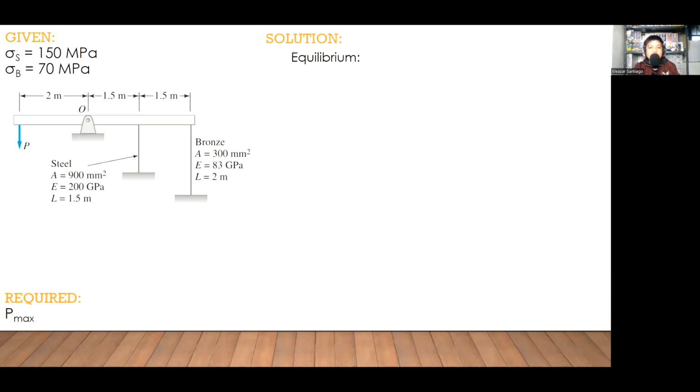If we now try to expose everything under our free body diagram, at point O, since the support is a hinge, we have 2 actual reactions, one of which is horizontal while the other one is vertical. Next, if we cut the steel rod, we will expose our reaction for the steel.